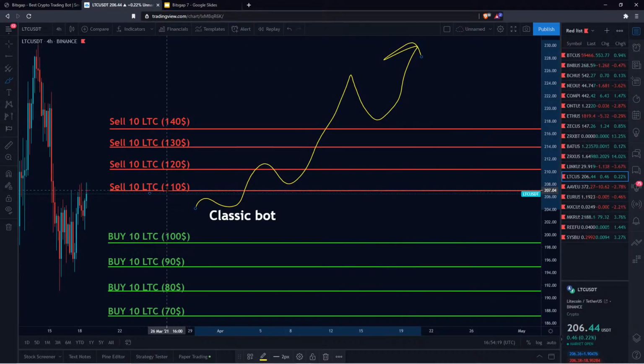You see, it spends more with each grid level as the price goes higher, because it needs to buy or sell 10 coins as the price goes higher.